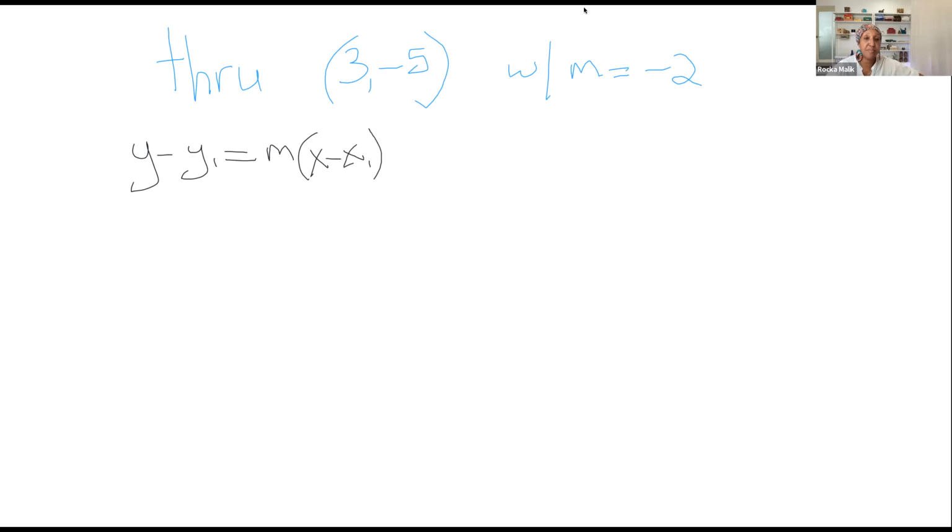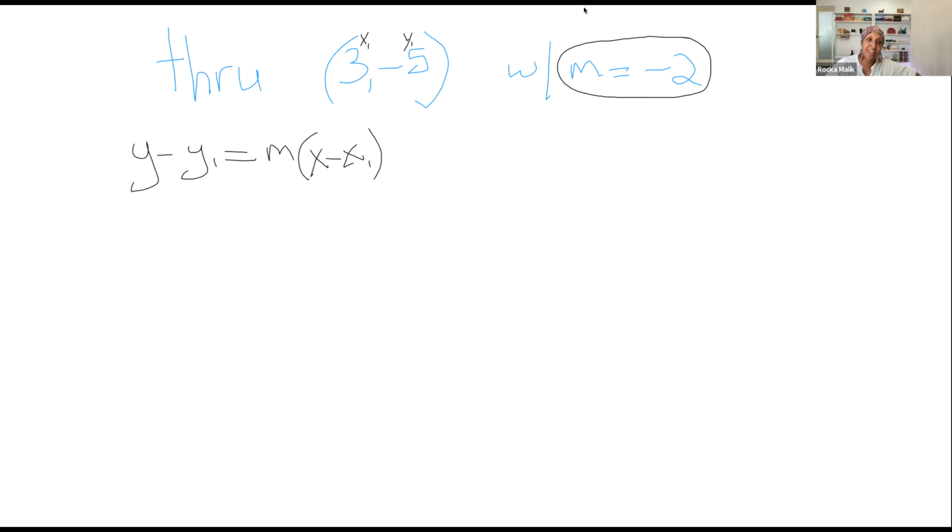And because I'm a little weird, I label my x. This is my x1 and this is my y1, because I only have 1 point and they gave me the x and the y of it. This I already have here. M equals -2.